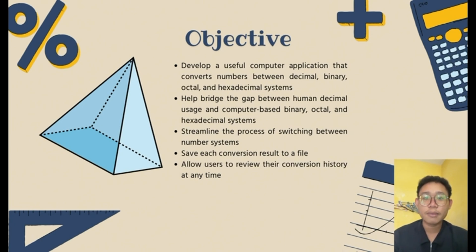This project streamlines the process of switching between these systems and eliminates the need for complex manual calculations. This program serves as an excellent resource for users as it clearly displays the step-by-step logic for every conversion. Finally, the tool saves each result to a file, allowing users to review their conversion history at any time.